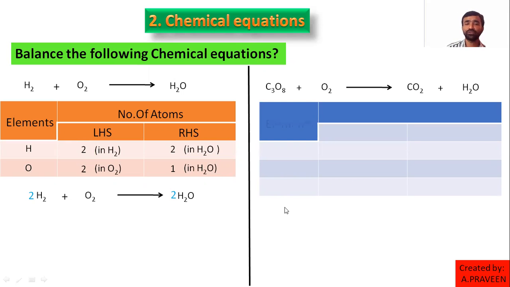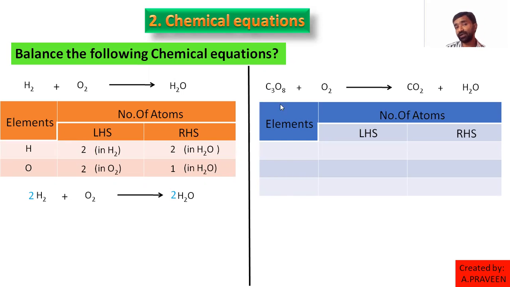Elements, number of atoms, LHS side and RHS side. How many individual different atoms are there on the reactant side? Carbon, oxygen and hydrogen, right? Sorry, the formula was written wrong, C3H8.